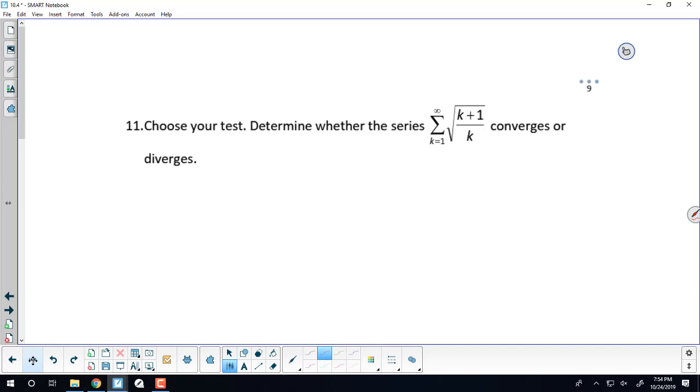So, basically we can start out by asking, is it geometric? Is it telescoping? Probably not. No, not a friendly thing we would try to do partial fractions on. It's polynomial over a polynomial. So just start with the divergence test, see what that gives us. Divergence test.